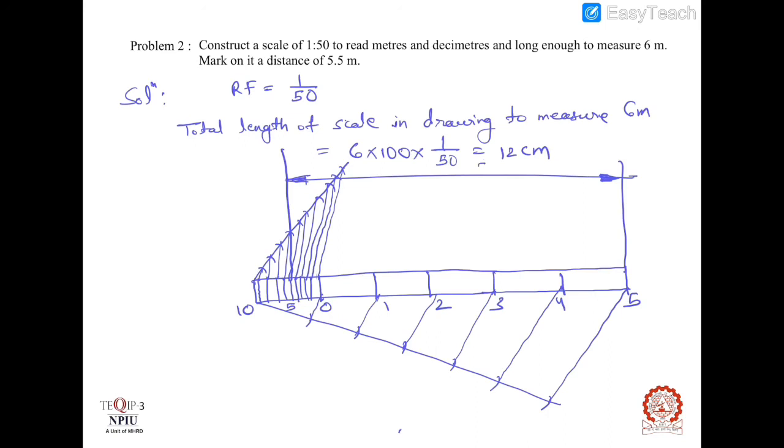Here you have to write 5.5 meter, and here you have to write decimeter, RF and meters. Okay, so these two plane scales you have to draw on your drawing sheet. So in the next lecture we will discuss the second type of scale, that is diagonal scale. Thank you.